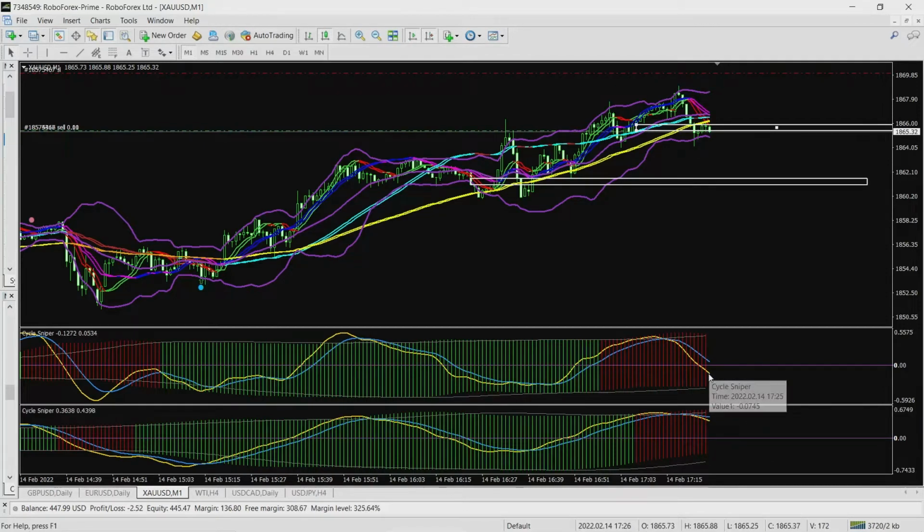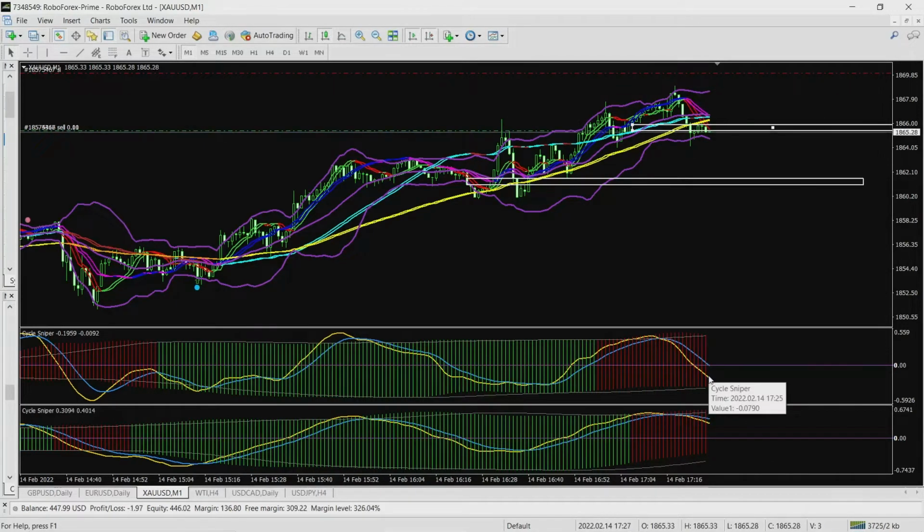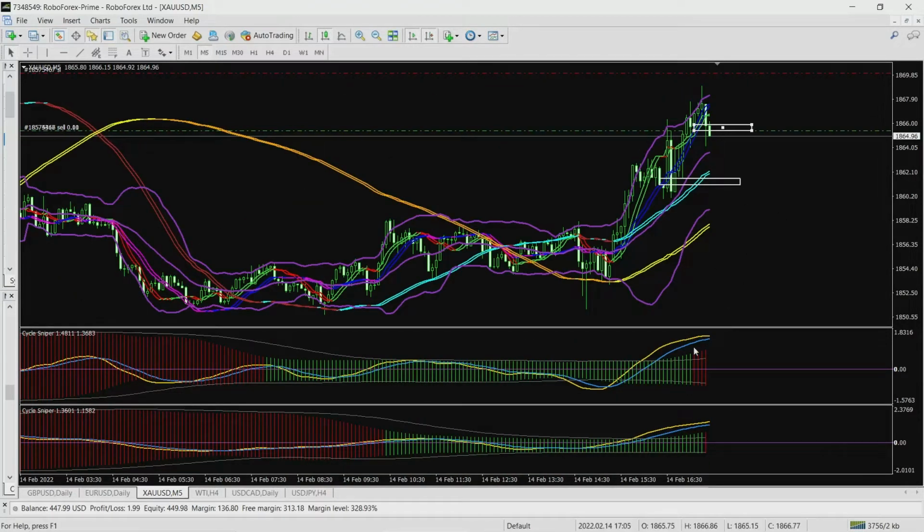Set 1 is almost below the 0 level, but set 2 is telling us there's a way to go. 1 minute chart. As you see on the 5 minutes chart, we don't have any signal yet.